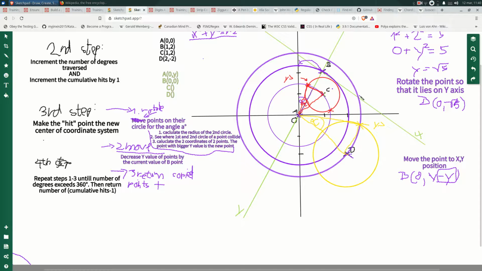Oh, Jesus Christ, so complex. Oh, but because B goes over there, C should go over here.